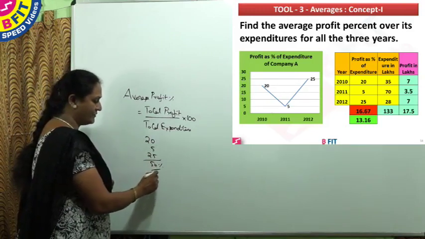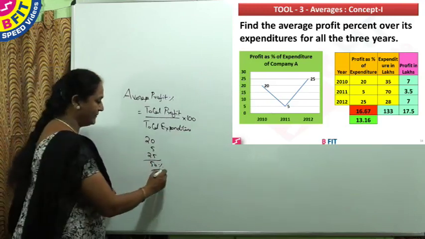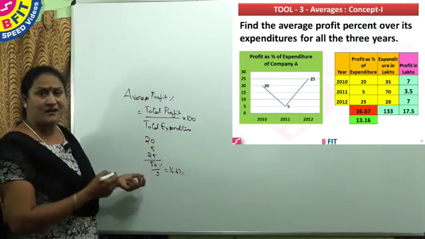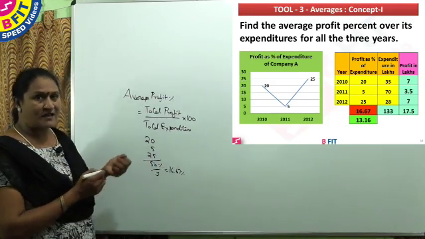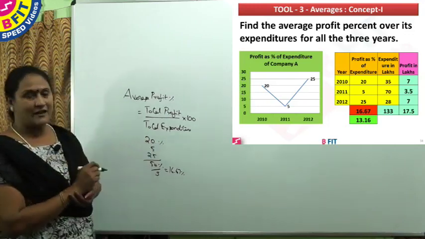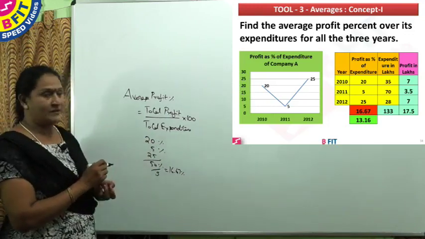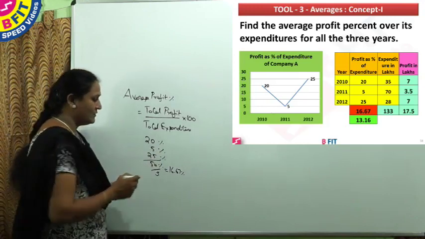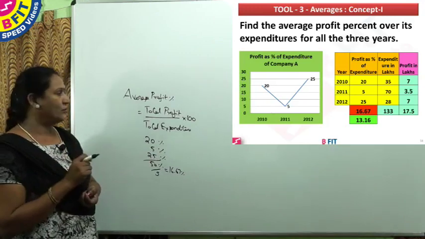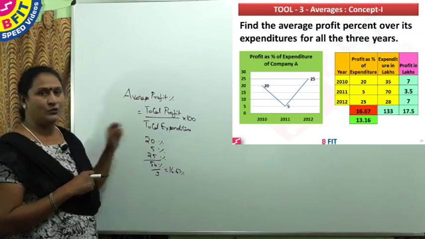As it is for 3 years, dividing by 3, 50 by 3 we get 16.67%. But this is wrong because expenditures are different, bases are different. So this 20% is for 35 lakhs, this 5% is for 70 lakhs, and 25% is for 28 lakhs. So as the bases are different, we have to find the actual profit and add all the profit. So average profit percent is found by total profit by total expenditure.